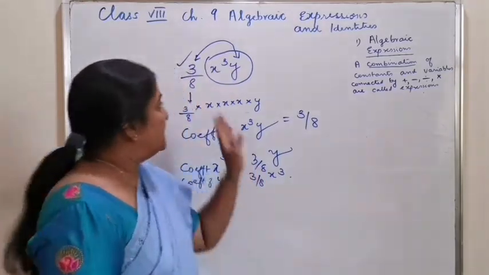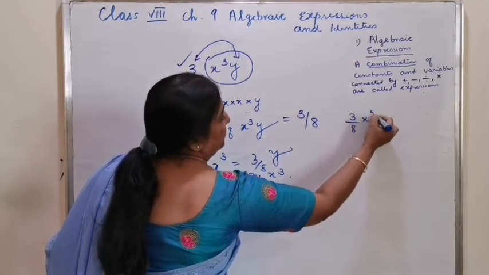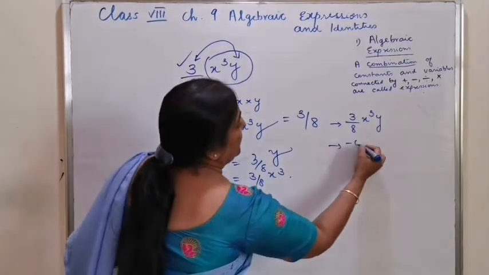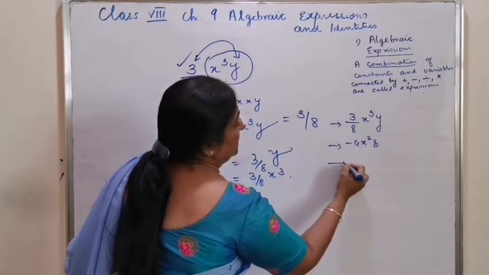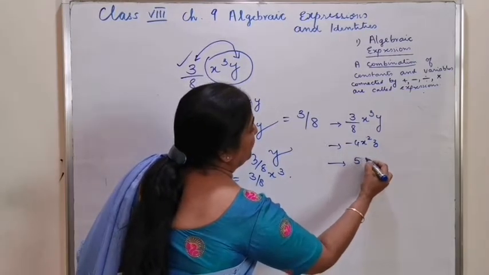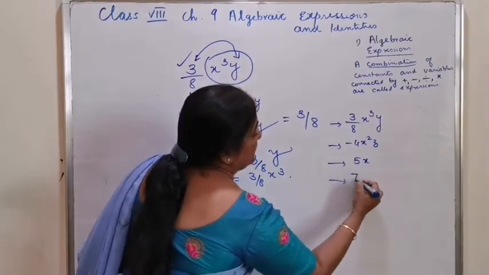Now, the same example of 3 by 8 x cubed y, or minus 4 x square z, or 5x or 7y.